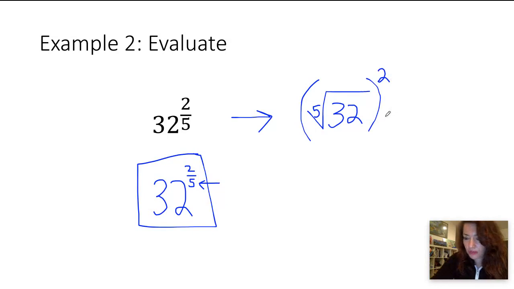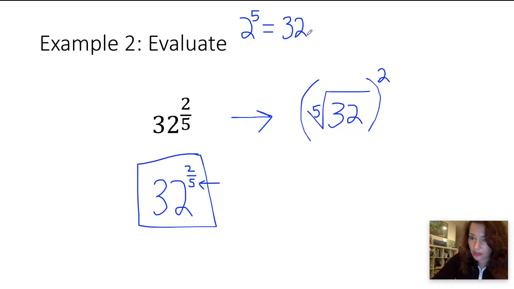If you recall from the previous slides, the way to think about it is, how do I find the fifth root of 32? Well, finding the fifth root of 32 is like asking what number times itself will give me 32, and I want one of those numbers. If you recall from the last slides, we said that 2 to the 5th is 32.